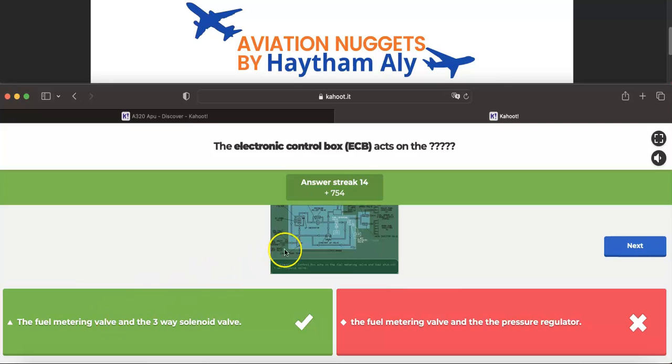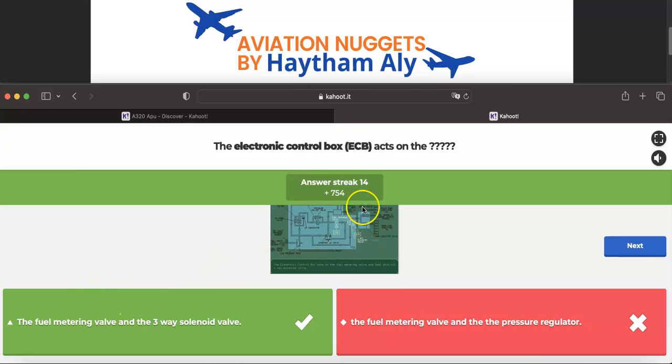And also the fuel control unit has a fuel metering function through a fuel metering valve. So the electronic control box will also connect to the fuel metering valve for fuel metering function.